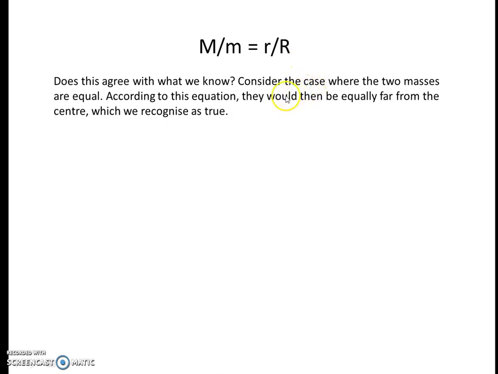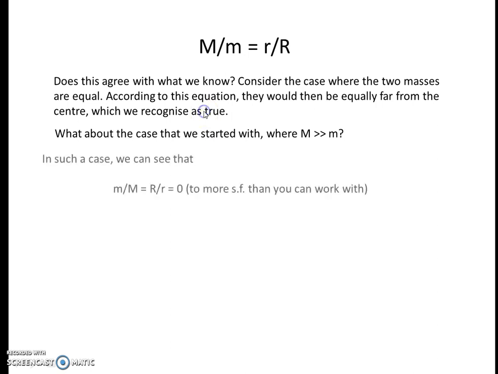Now, let's consider the case where one body is much larger than the other, like, for example, a satellite around the Earth. In such a case, you can see that the ratio of the satellite's mass to Earth's mass is approximately 0. And therefore, the ratio of the Earth's distance to the center of gravity to the satellite's distance to the center of gravity is also 0.